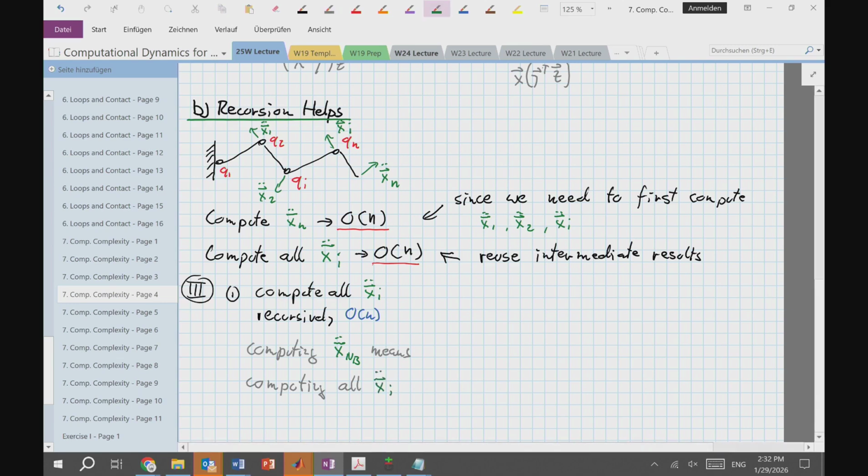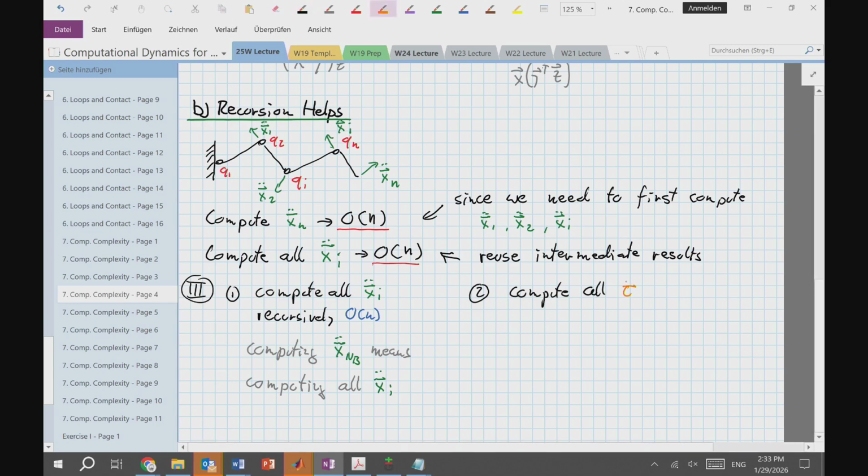If I do it with Jacobians, I throw away this information and for each body basically start from scratch. If I do it recursively, I store the information, and for each body I just have to do the increment. And the same principle, without going into the details, can be applied to our joint torques tau i.